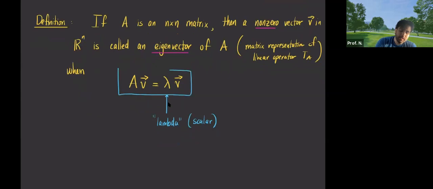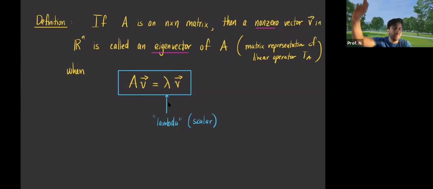You may be saying, "What? This is it? That's all it is?" This is actually very profound, because if you consider the geometric understanding, this is saying that if you take a vector v and multiply it by a matrix A, it's the same as if you just scalar multiplied this vector by a particular number. Normally, that's not true. Normally, when you multiply a vector by a matrix, you get something completely different.